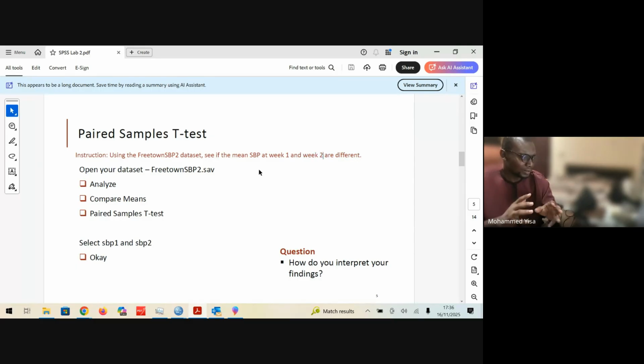Does that make sense? So you are basically asking yourself, has the average blood pressure changed within the past week? That's basically the question that this is answering. So again, your null hypothesis, can anyone volunteer a null hypothesis for this question?